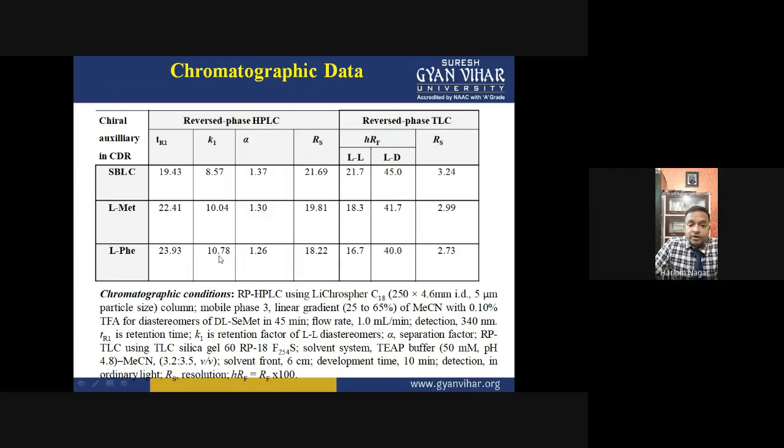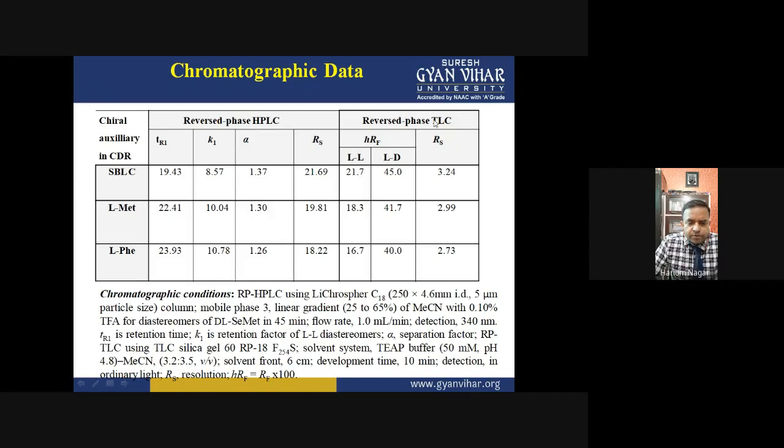This is the selectivity factor, the separation factor for these diastereomers with these CDRs: 1.37, 1.30, 1.26. And these are the resolution values. The best resolution occurred with the chiral derivatizing agent where S-benzyl L-cysteine was the chiral auxiliary.